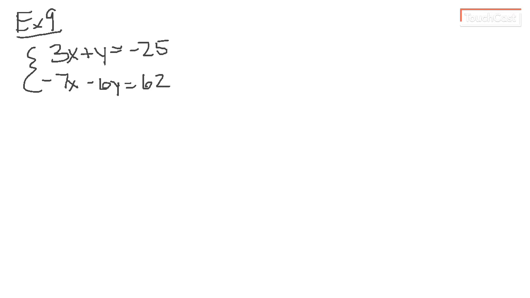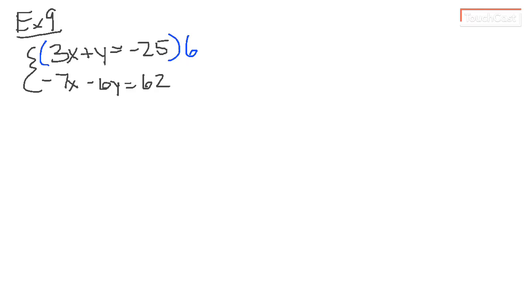So one of the goals of the elimination method is you want to have the same number in front of one variable, but you want them to also be opposites. So I look at this and I think if I multiplied the entire first equation by 6, I can achieve that, because then I would have a positive 6y in the first equation and a negative 6y in the second.